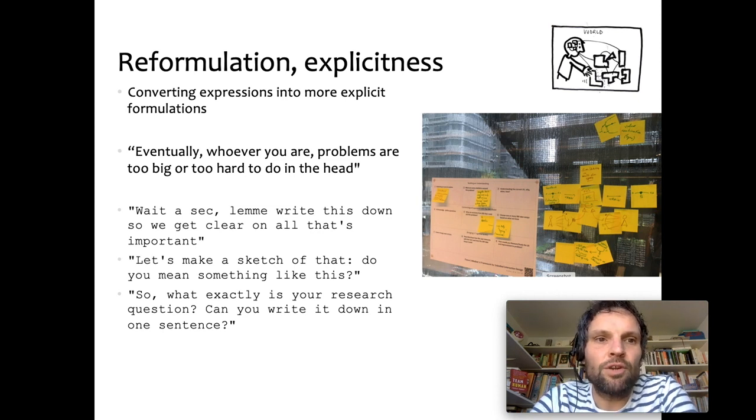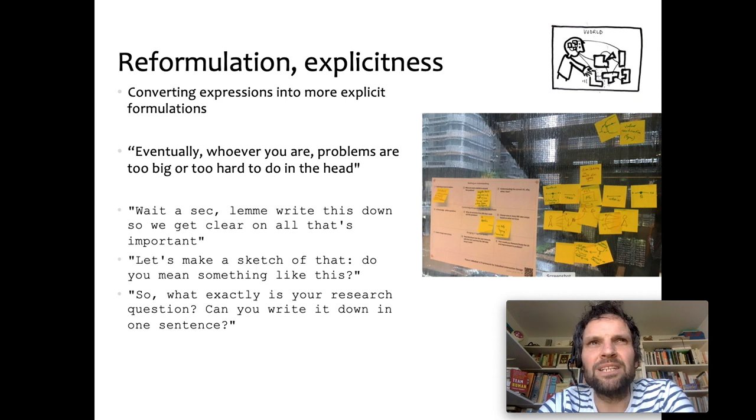The next point is reformulation or explicitness. What we often do when we try to tackle a difficult, complex problem that is sort of vague, and there's too many things at the same time we have to keep in mind, and too many things at the same time that are important, then, before you know it, we will start to express it physically outside of our mind, to fix it, to make it into something that is explicit and that is no longer changing all the time because it's fuzzy.